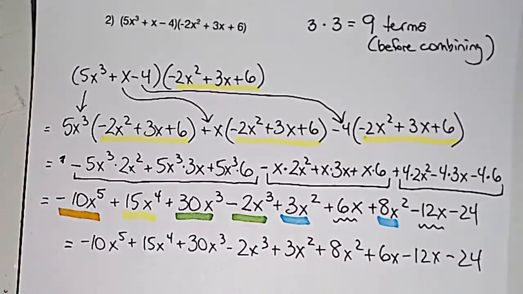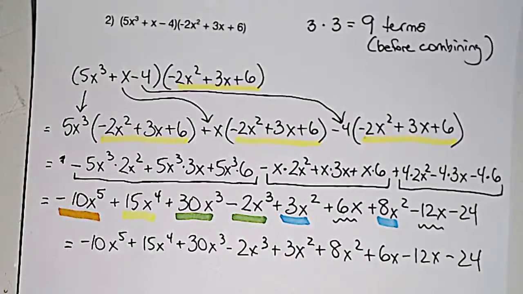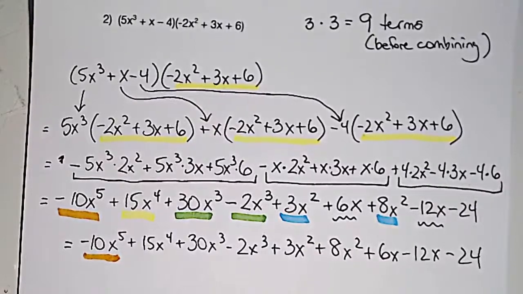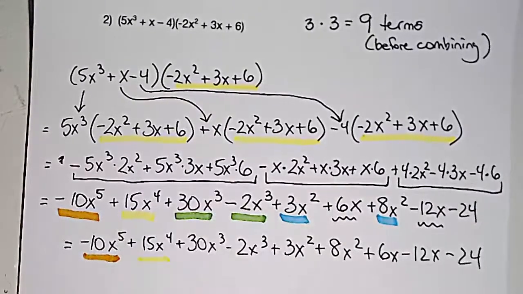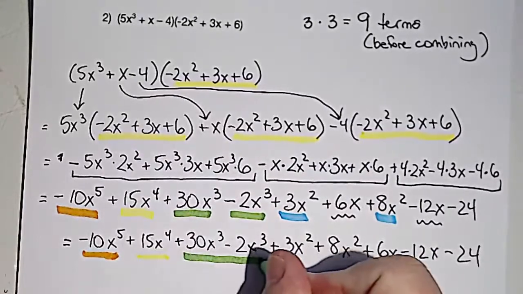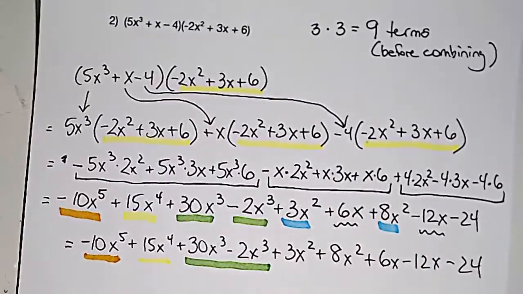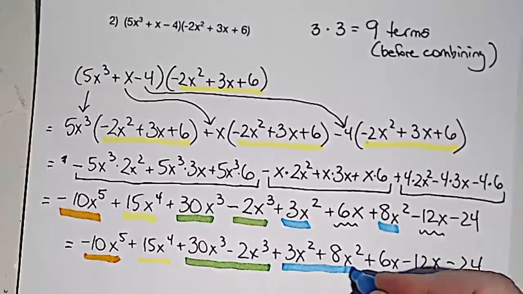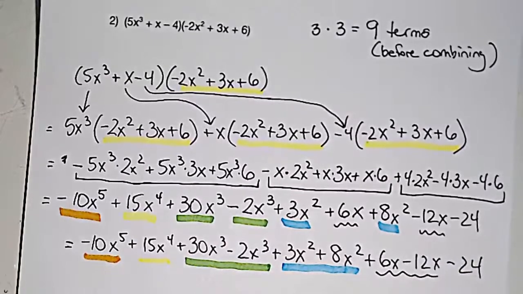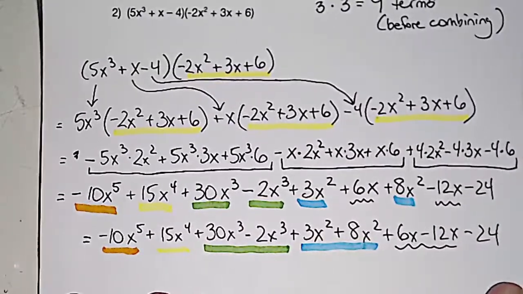So what I did there was I just wrote all of the terms so that they were next to their buddies. All the x cubes together, all the x squareds together, all the x's together, and then the constant at the end. Now what we can do is count 1, 2, 3, 4, 5, 6, 7, 8, 9. Before I combine like terms, I have those 9 terms.